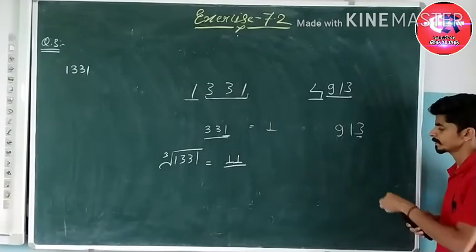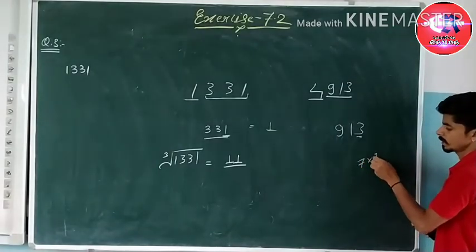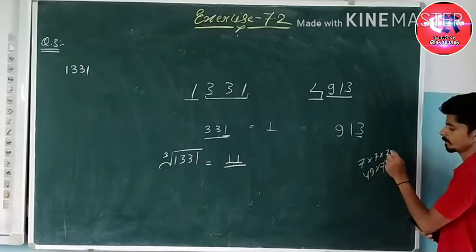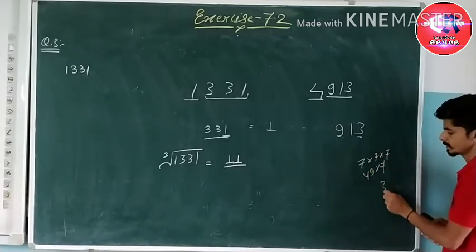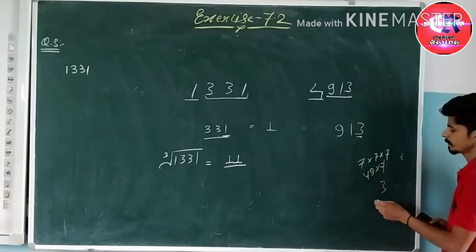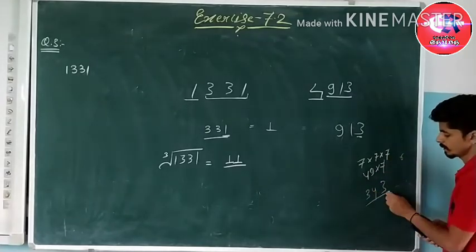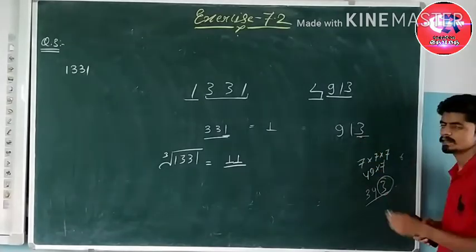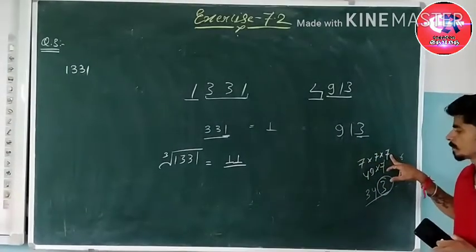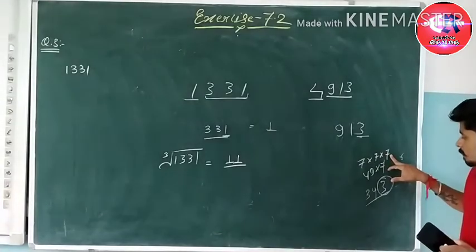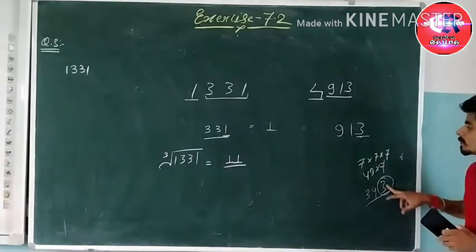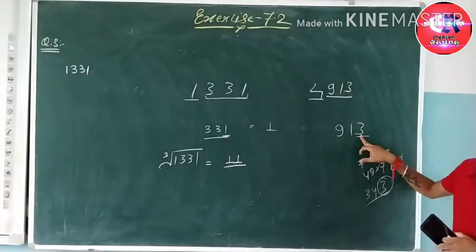As we know, 7 into 7 into 7: 7 sevens are 49 and into 7. When we multiply this, 7 nines are 63, so we carry 6, 7 fours are 28 and 34, so 343. The unit place is 3 and here is also 3. So we have to find the number whose cube has a unit place equal to the unit place given in the question.